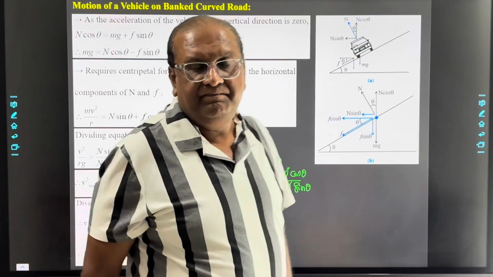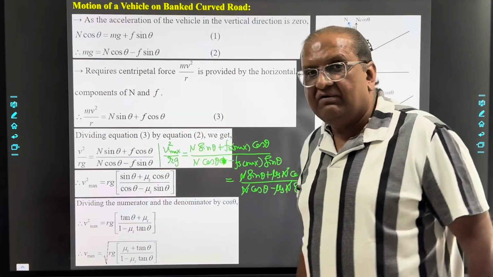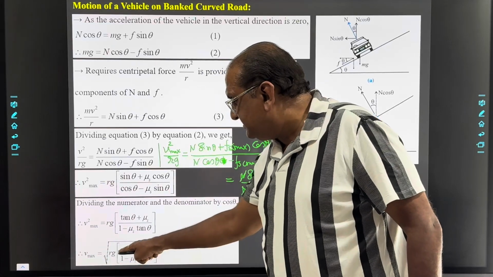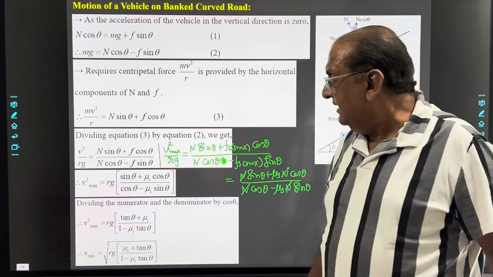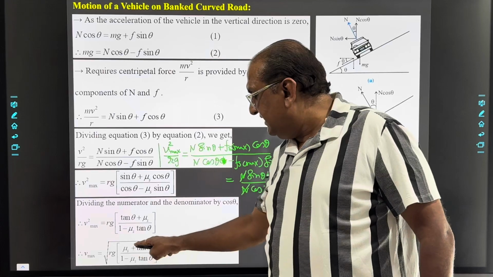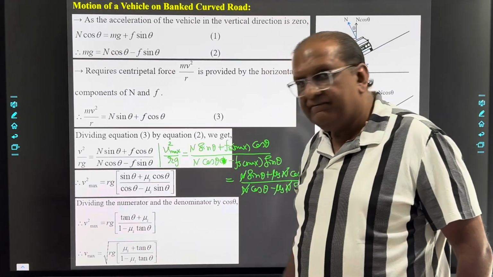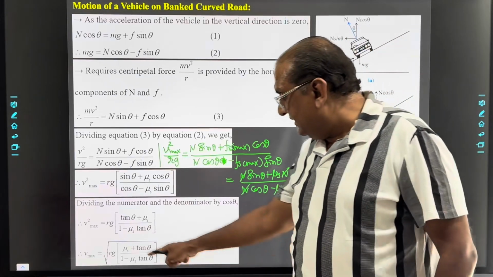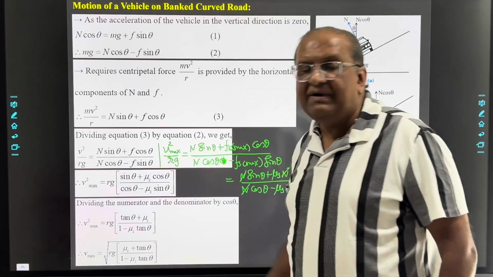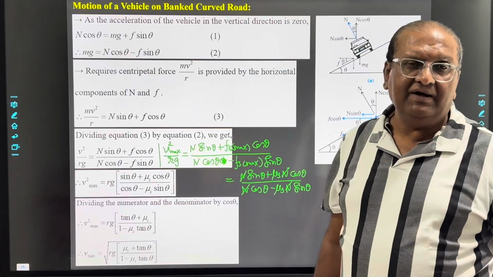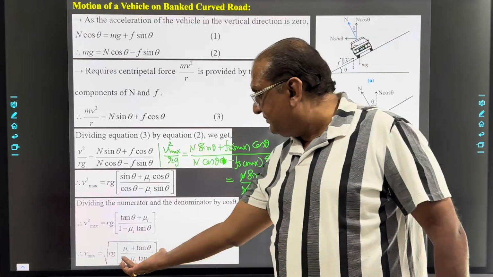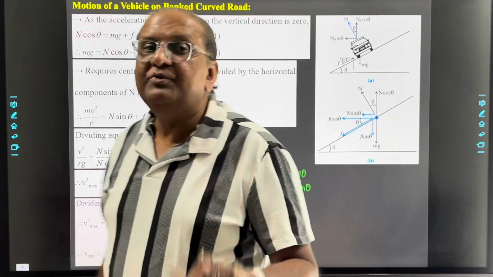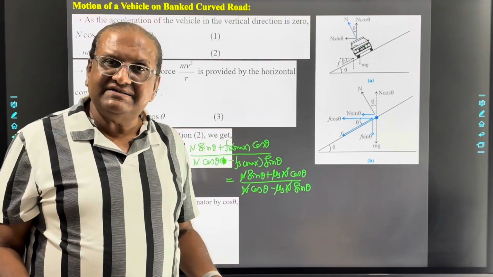Now remember, on level curved road, the maximum safe speed was under root Rg into mu s. But here see, something is added: mu s plus tan theta, and then the numerator is divided by a term which is less than 1. So definitely this bracketed term will be greater than mu s. So we can understand this thing.